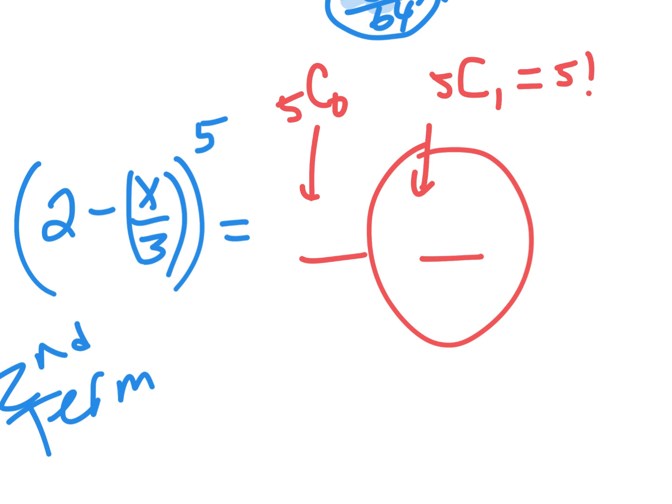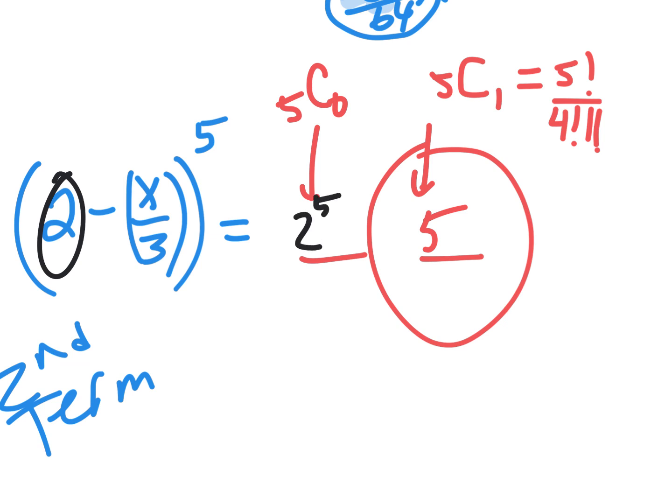It's 5 factorial over 5 minus 1 is 4 factorial, with an extra 1 factorial thrown in, and that doesn't really matter. So then it's 5 times 4 times 3 times 1 over 4, 3, 2, 1. All that cancels except for the 5. 5 is the only thing left. There we go. Then you go through and do your 2's. It's 2 to the 5th first, and then this one will be 2 to the 4th, which by the way is 16. And then I go do my negative x to the 3rds.